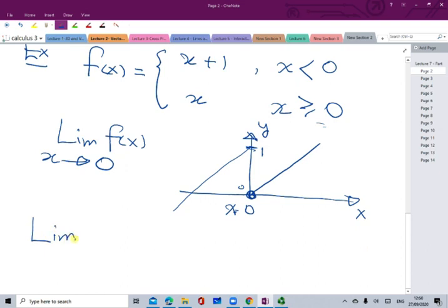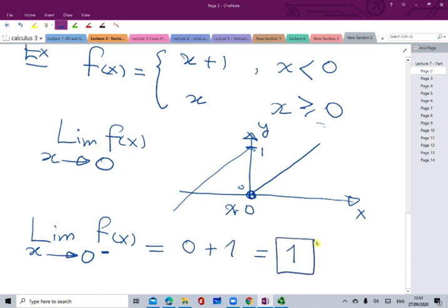Actually we write it like this. I'm going to approach from 0 minus, from before the point 0 of the function, then I'm going to substitute in the first part of the function, x plus 1. I'll end up with 0 plus 1, which is equal to 1. This is the limit from the left hand side.